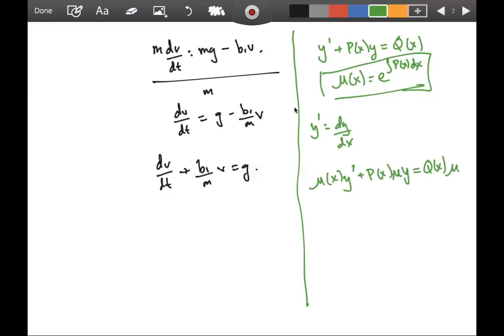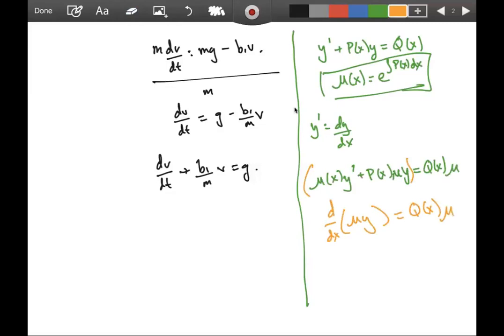So notice that the left-hand side I can actually rewrite in terms of a total derivative. This is the main reason that I want to use an integrating factor, because I can rewrite my left-hand side as simply d/dx of mu times y, which is equal to the function q of x times mu. Right?